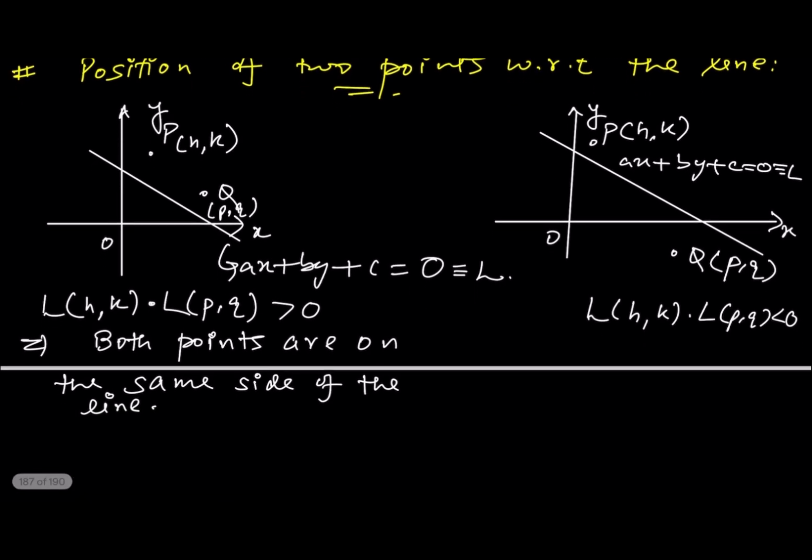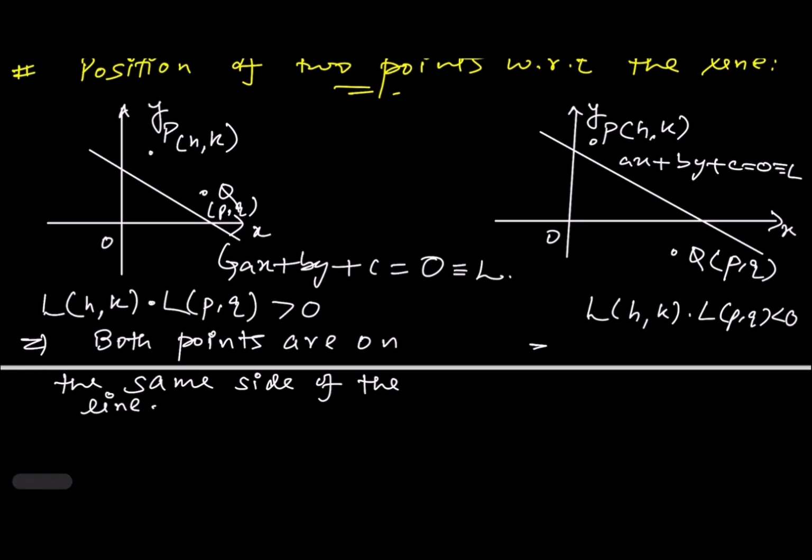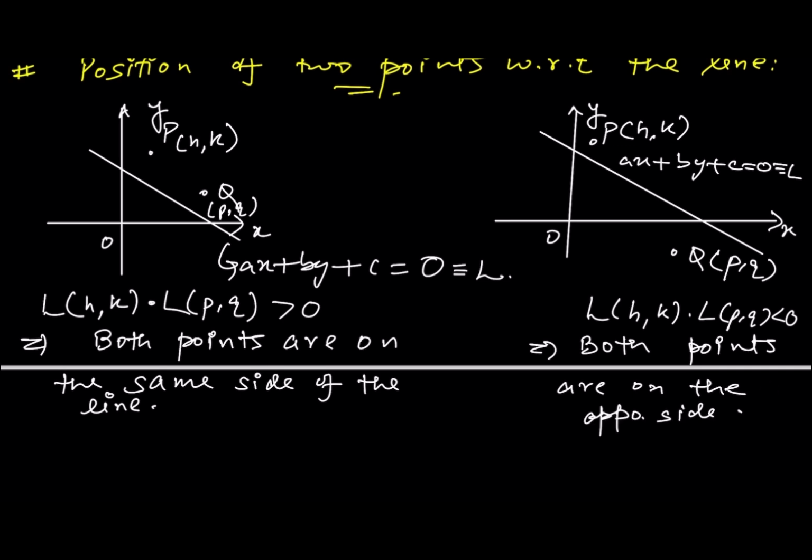If the product is negative, it implies both points are on the opposite side of the line. L of h comma k is nothing but the value of this expression on replacing x and y by the coordinates of the point.